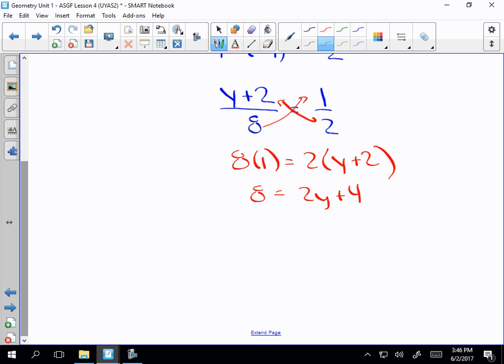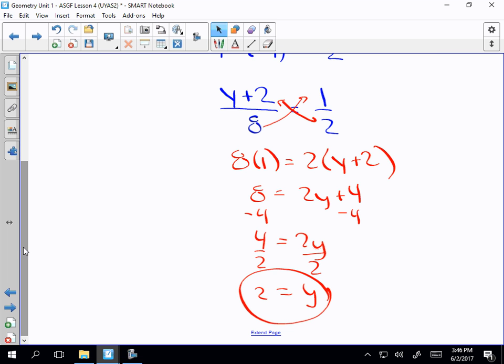And then we go through the rest of our algebra to solve. Subtract 4 from both sides. 2y equals 4. We divide by 2. And we end up with y equals 2 for our solution.